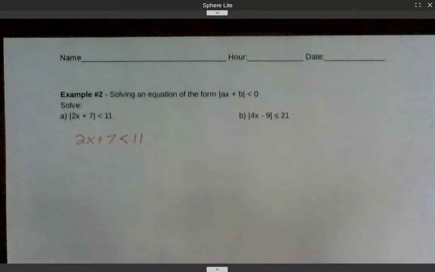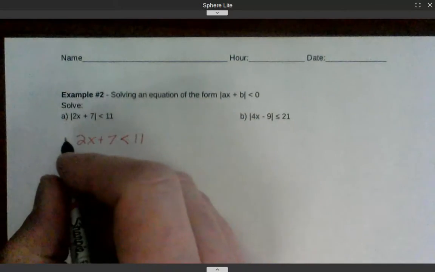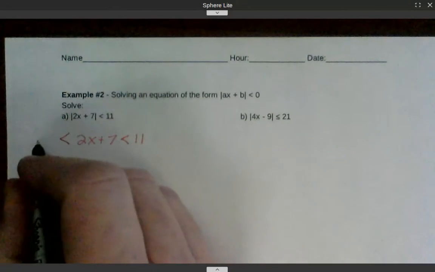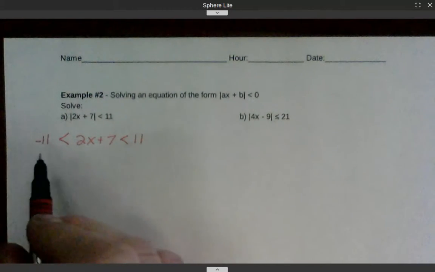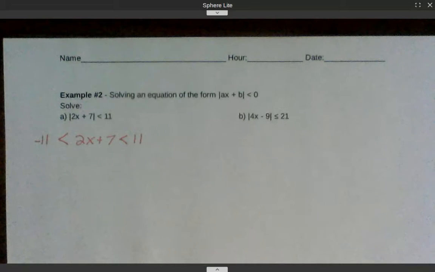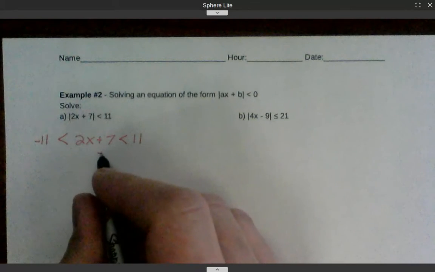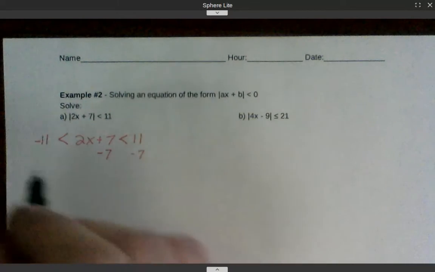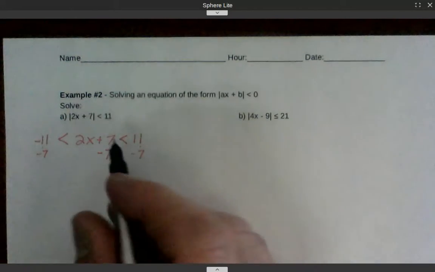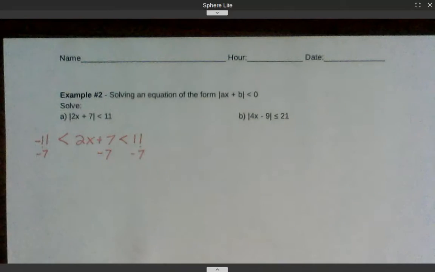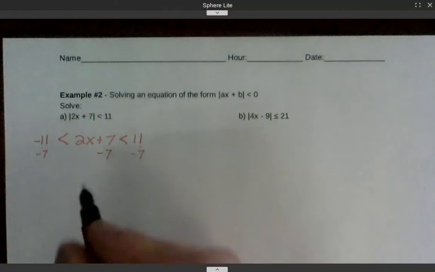And all you have to do is always set it up like this, so that you have negative 11 here and you have the original problem like this. Now we're going to solve two inequalities at once. We're going to solve this side and this side, while getting things out of here so that we end up with an x.